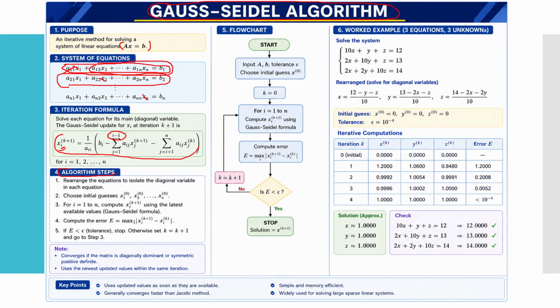Then we compute the error, the maximum error between iterations, for example iteration 1, iteration 2, and iteration 3. Maybe the stopping criterion is based on the change of error. If the error is less than the minimum tolerance value, we can stop the iteration.